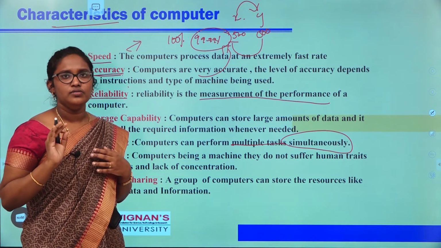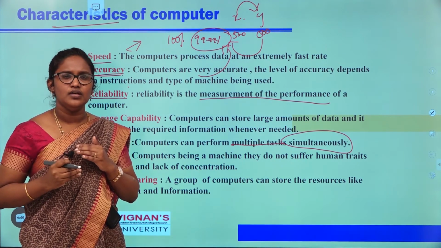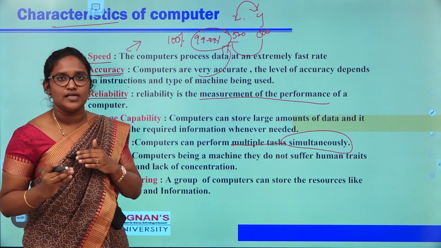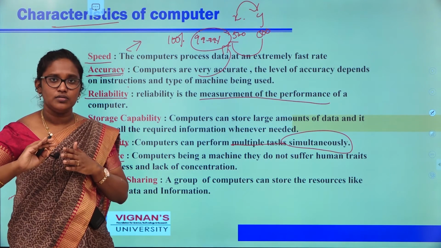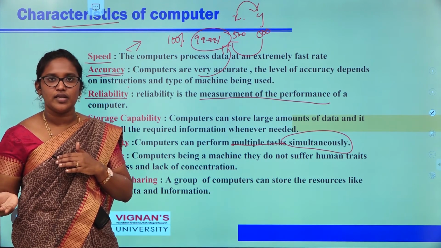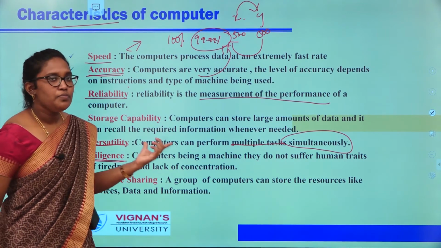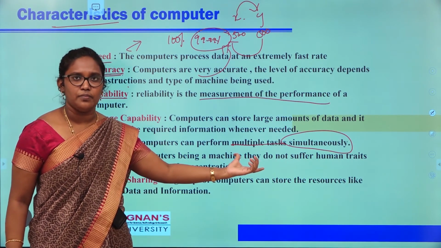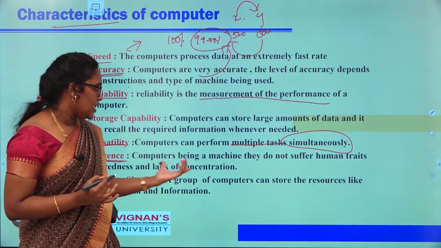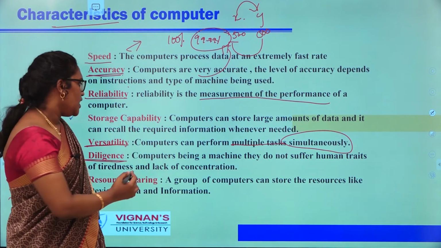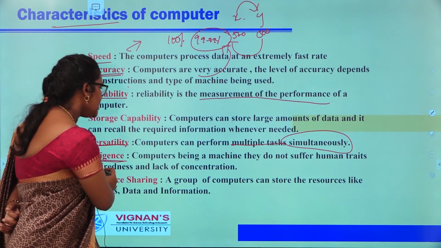Whatever work you have given, until you switch off your computer, it won't terminate the task, or say to the user, no, today I won't work, tomorrow I will continue the remaining work. That means the computer does not suffer from laziness. In a technical way, computers being machines do not suffer from tiredness and lack of concentration.